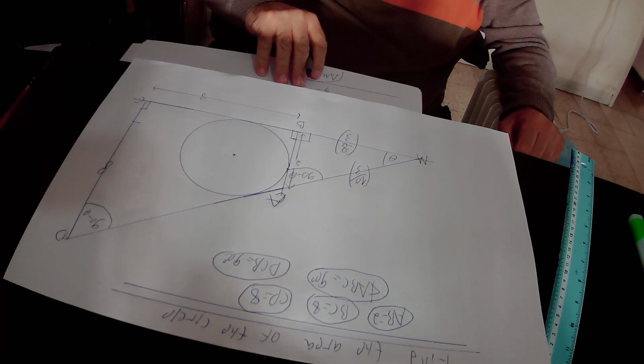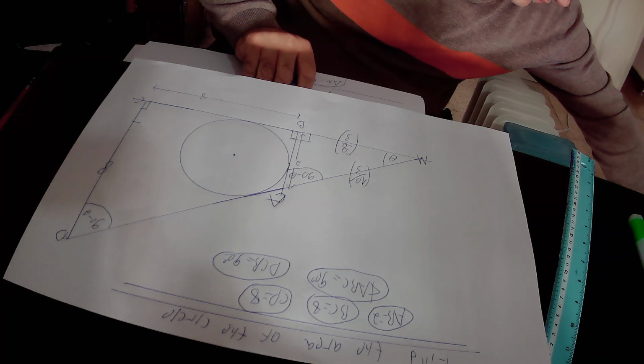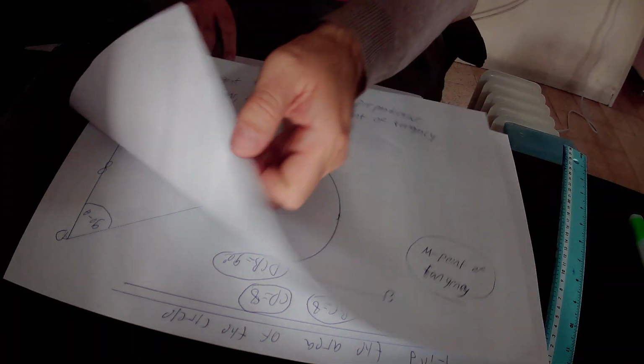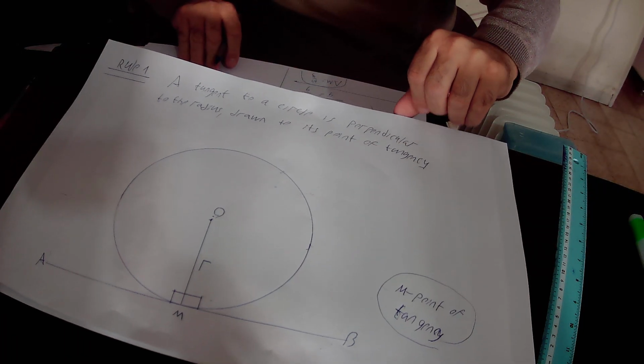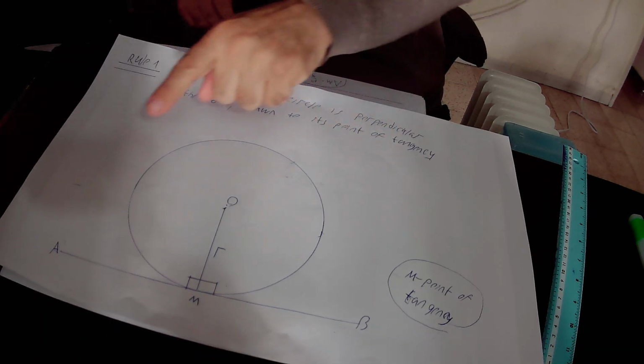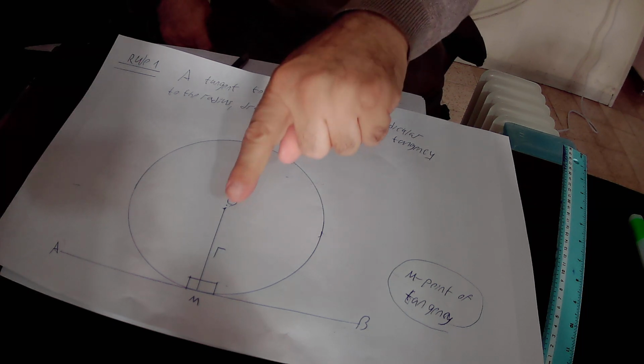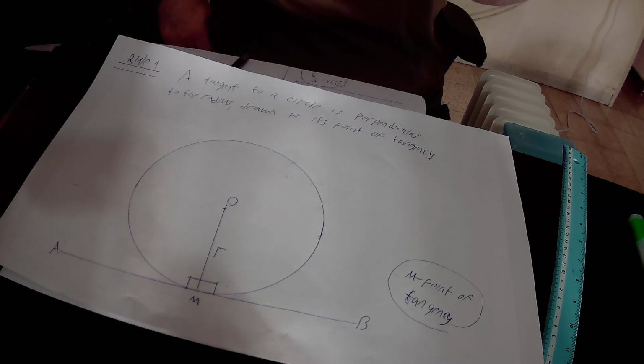In the next step, I present to you rule number 1, and we will implement rule number 1 in our drawing. According to rule number 1, a tangent to a circle is perpendicular to the radius drawn to its point of tangency. Tangent AB is tangent to the circle at point M. The radius OM is drawn to point M, the point of tangency of tangent AB with this circle.